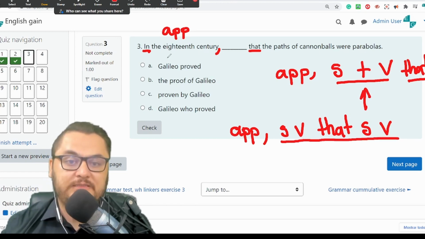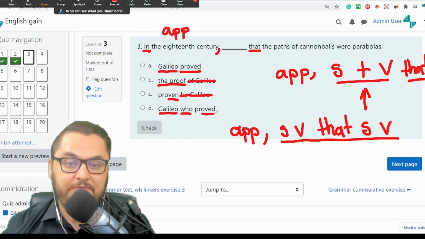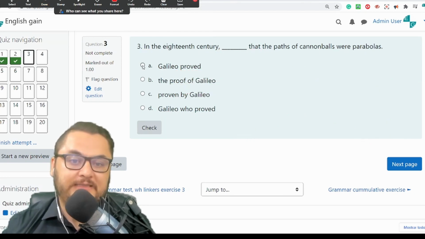Option A has a subject and a verb. Option B has only a subject, and this is a preposition. Option C has a preposition and an adjective. Option D has a subject, a connector, and a verb. But I just need a subject and a verb, meaning option A.